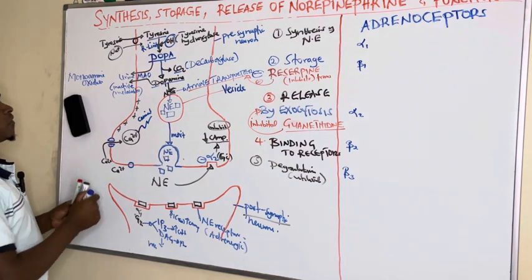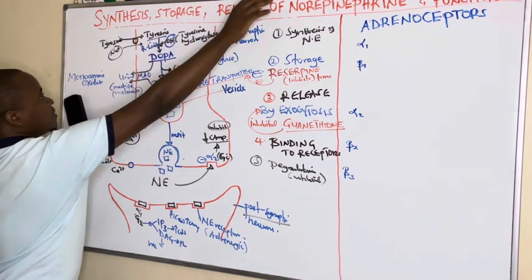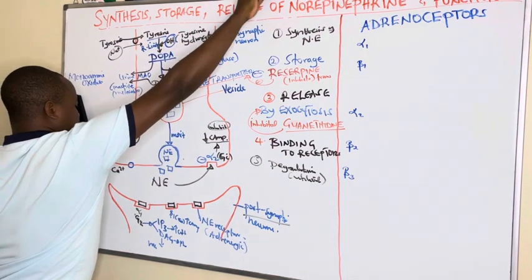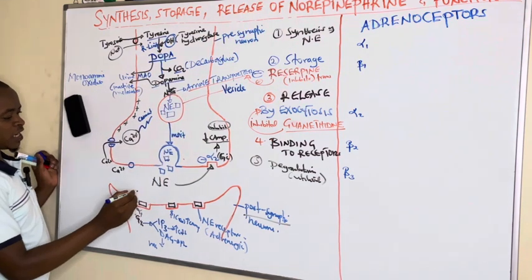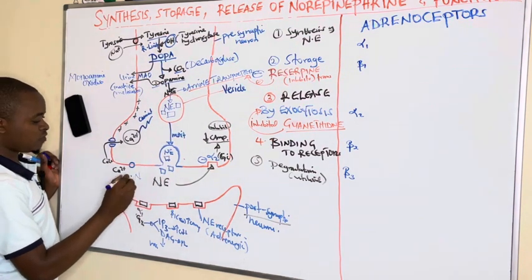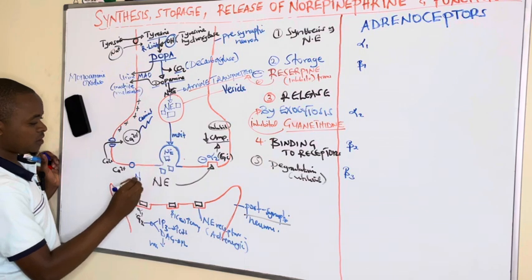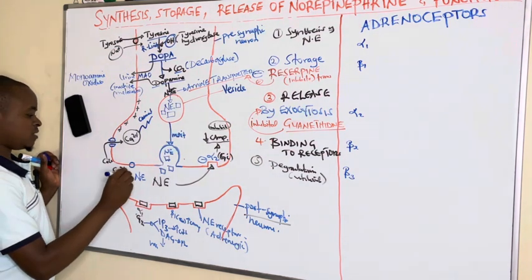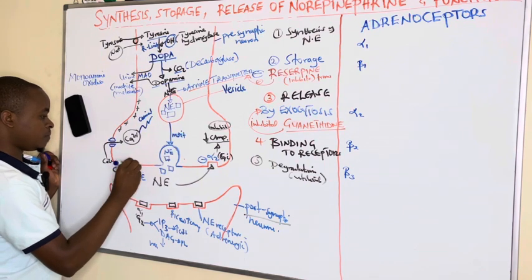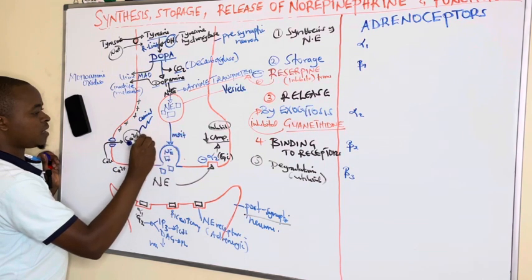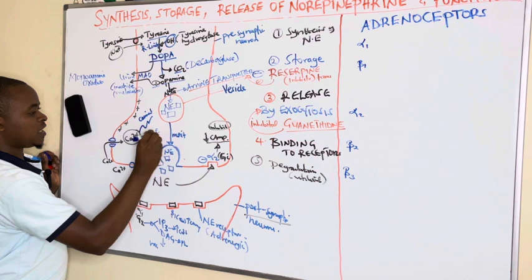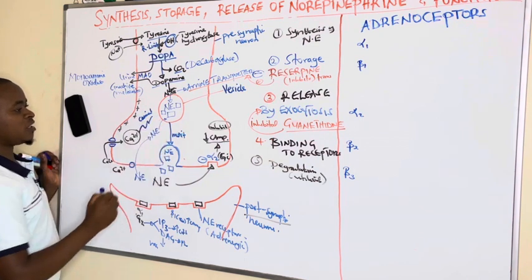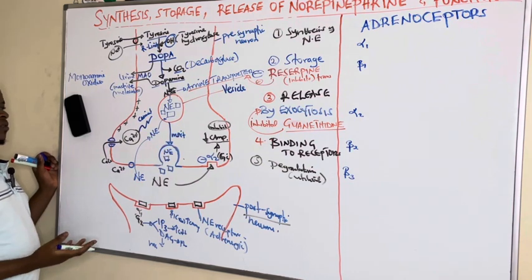After inhibiting further release, the remaining norepinephrine can be transported back into the presynaptic neuron using a transporter, and after being transported, it can enter back into the vesicle and be reused.